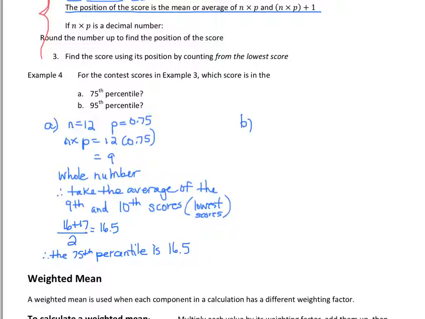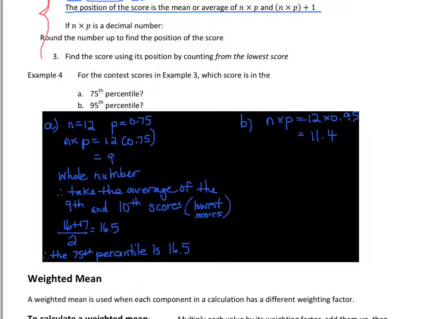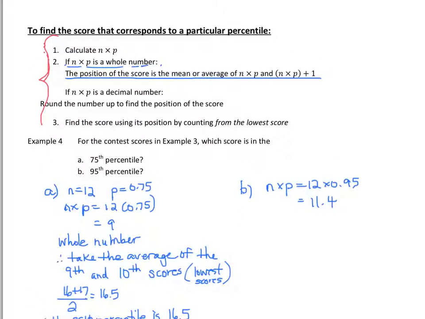Part B, we're going to go through the same process to find what score corresponds to the 95th percentile. So in this case, n times p would be 12 times 0.95. And 12 times 0.95 is 11.4. So looking at our instructions, it says if n times p is a decimal number, round the number up to find the position of the score.